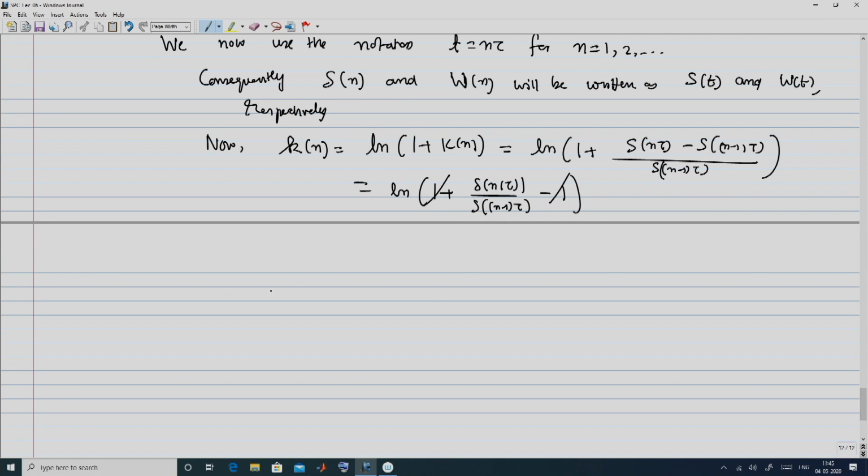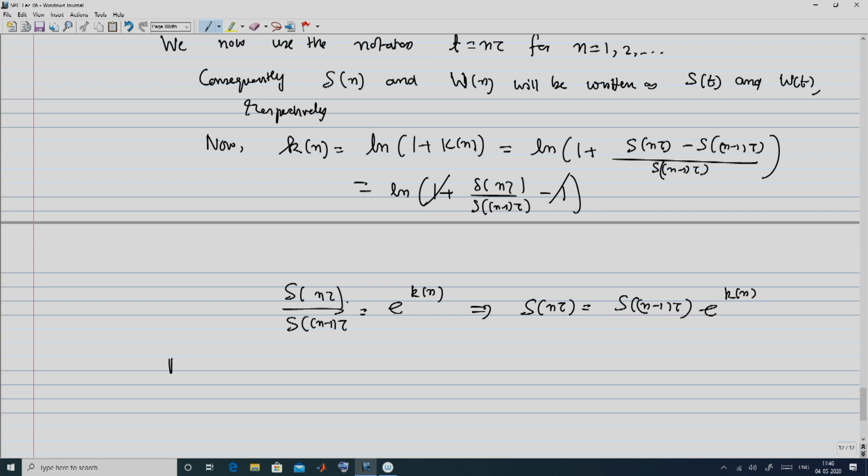So, this will give me that S of n tau over S of n minus 1 tau, which is nothing but e raised to k n. Which implies that S of n tau is equal to S of n minus 1 tau into e raised to k n.